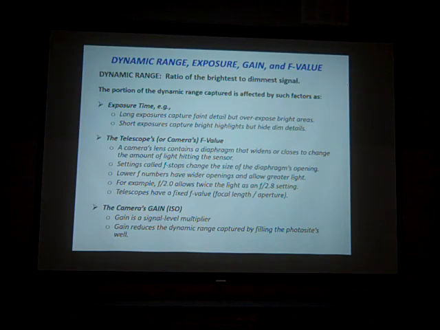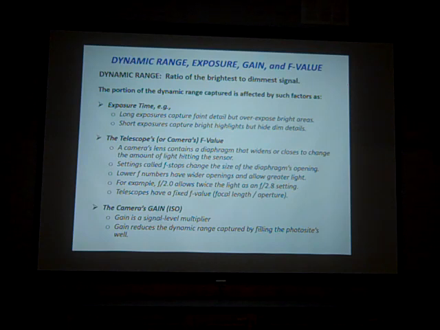And as it expands, it allows more light to enter and to hit the sensor. On your camera, either from a dial or from the settings, you can change the setting, and these are called f-stops. As you change the f-stop, you change the size or the diameter of this opening.